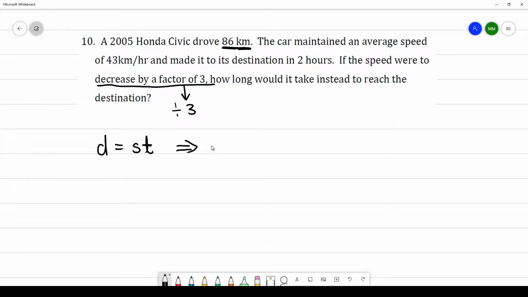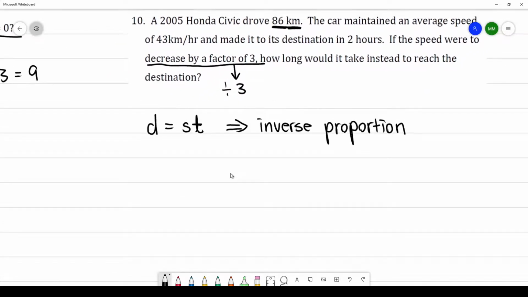Inverse proportion. Of course it's dealing with inverse proportion because that's what we learned last time. So this is a constant, and these two are inversely proportional, IP.